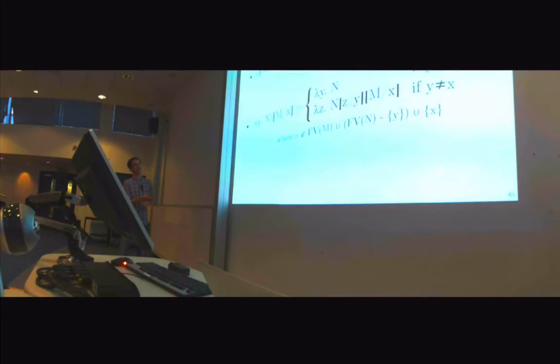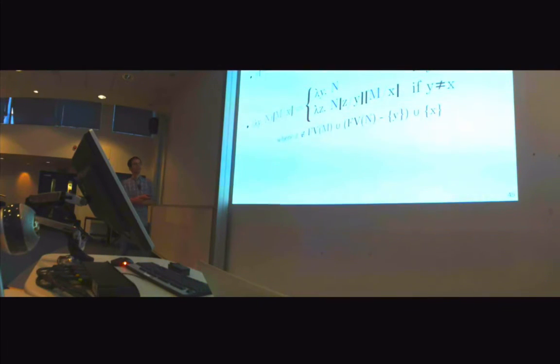If x and y are the same variable, then this is basically lambda x.n, then there are no free occurrences of x in lambda x.n. As soon as you've got the lambda x, that's going to bind any occurrences of x that might occur in n. So there are no free occurrences of x there, and so we've got nothing to substitute for m, and so the substitution has no effect.